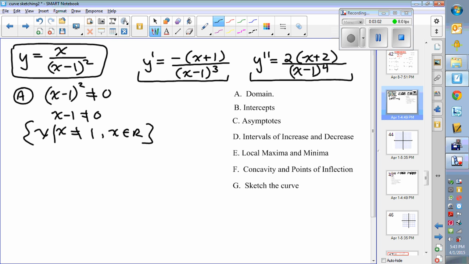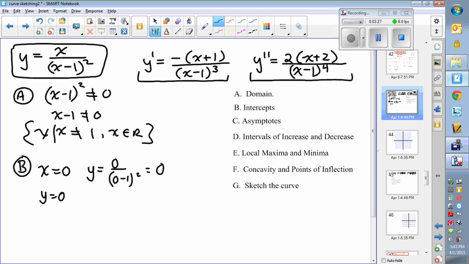Now we're going to calculate the intercepts. So doing the intercepts, we're going to make x equal to 0 and solve for y. Doing that, you get y equals 0 over 0 minus 1 squared. You get 0. So if that's your y-intercept, then that's going to be your x-intercept as well.